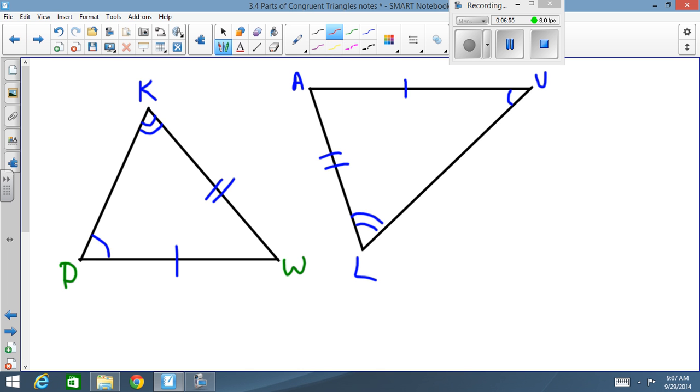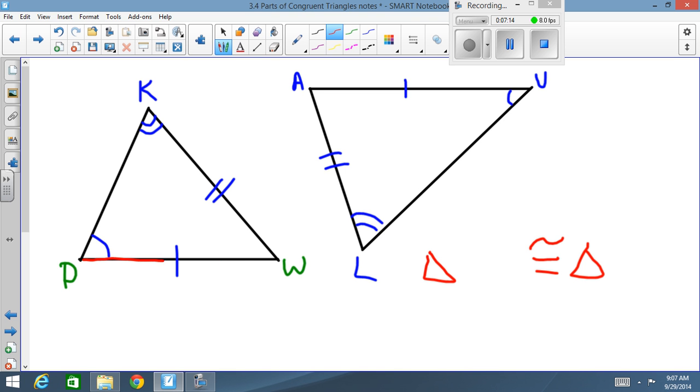Okay. For this one, I want you to tell me what the congruent statement is. So I know that we're going to have a triangle being congruent to another triangle. Just look at the sides. Sides are probably going to be your best bet.